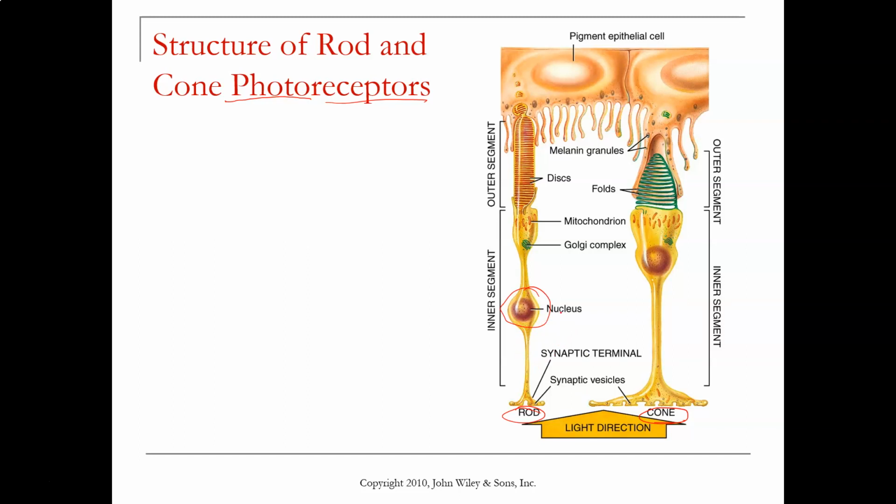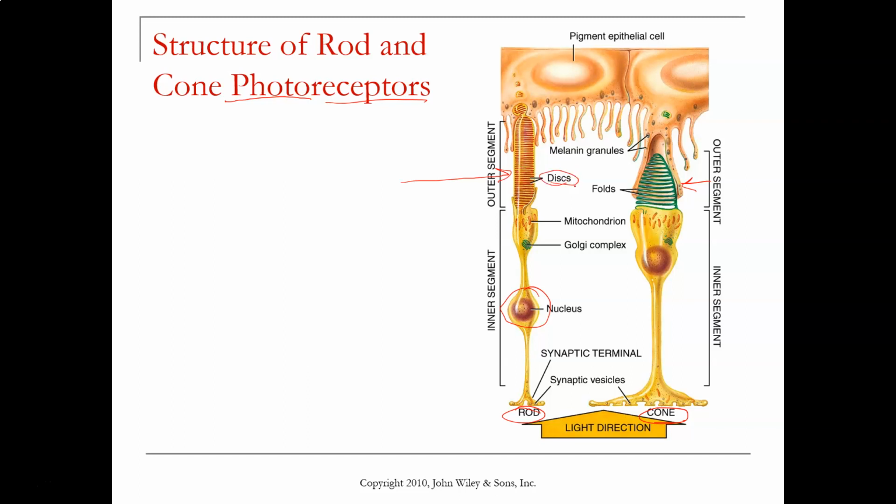They both contain photopigments, they're called. They're kind of stacked like dinner plates in the neuron. They're made of a combination of a protein and some pigment. We call them photopigments, which are derived from vitamin A. So that's why we need vitamin A for good vision, in things that have carotene in them, like carrots and sweet potatoes.